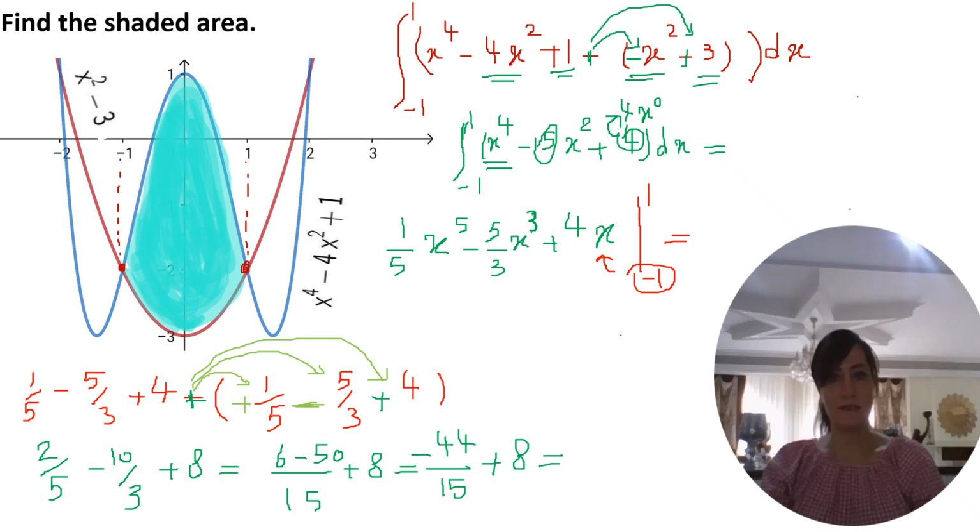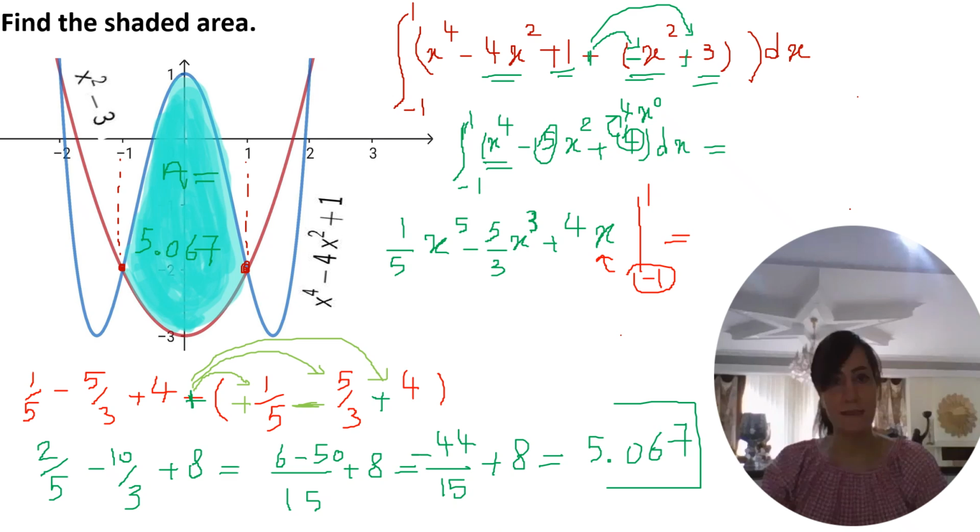If I find this value, 8 minus 44 over 15 gives me 5.067. So the area of this region equals 5.067. We are done here.